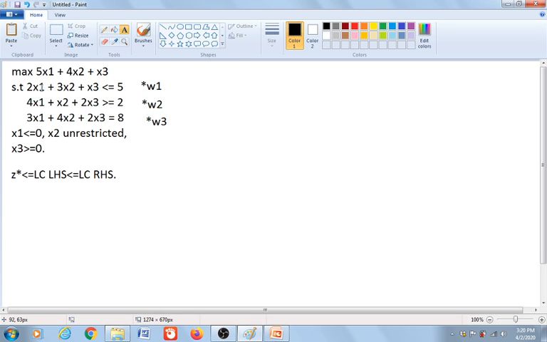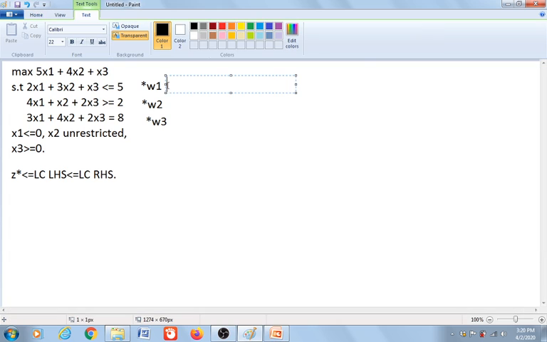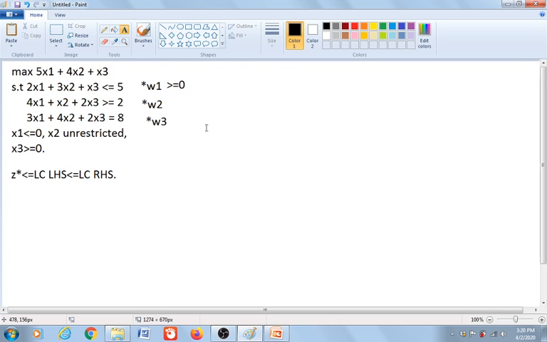See here, the first constraint, the left hand side is less than the right hand side, so that follows the weak duality theorem. So in order to make that not change, w1 must be positive.